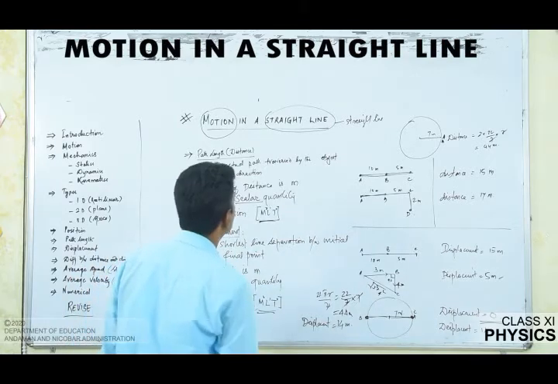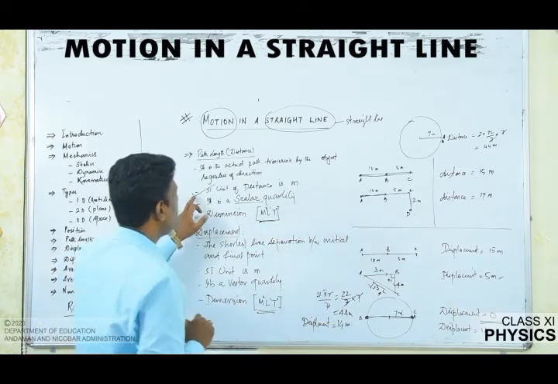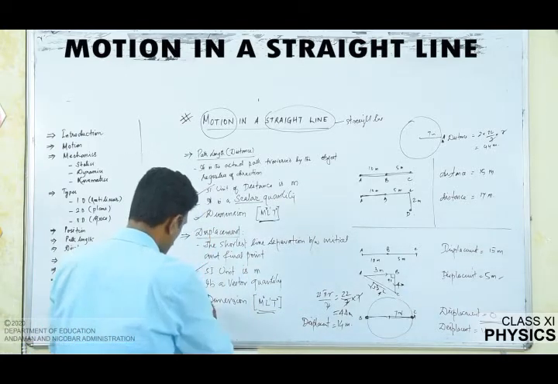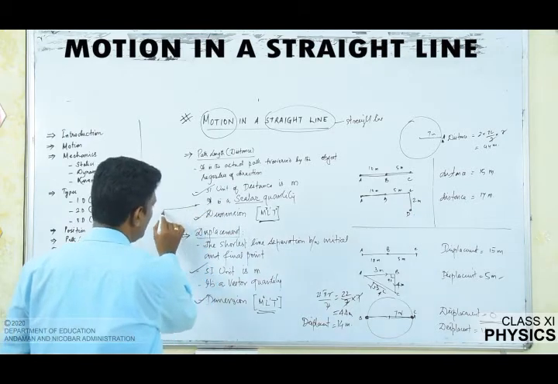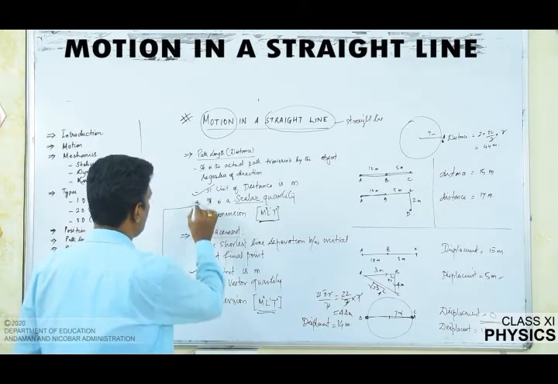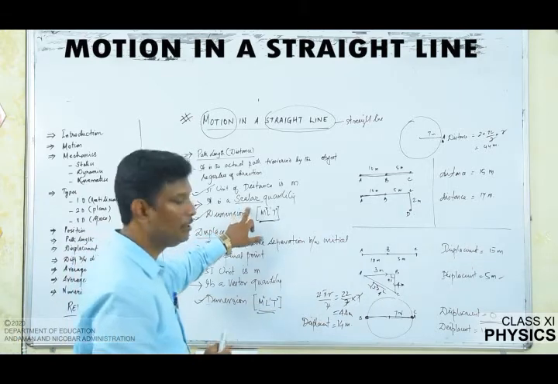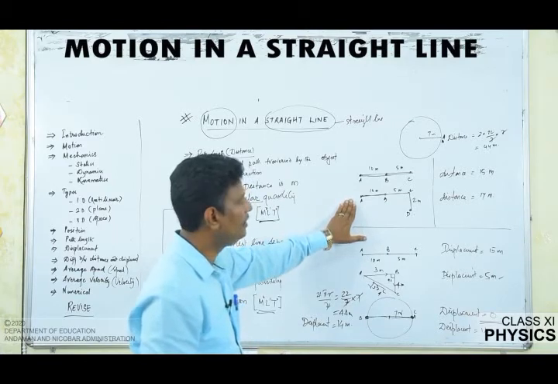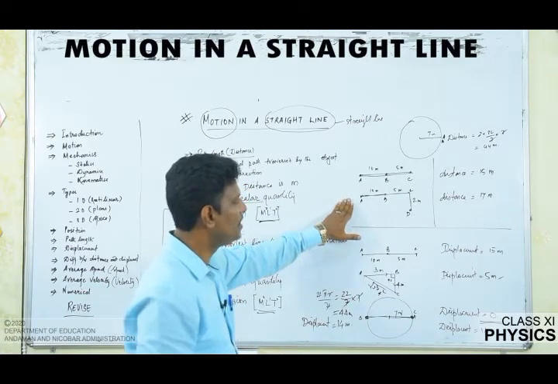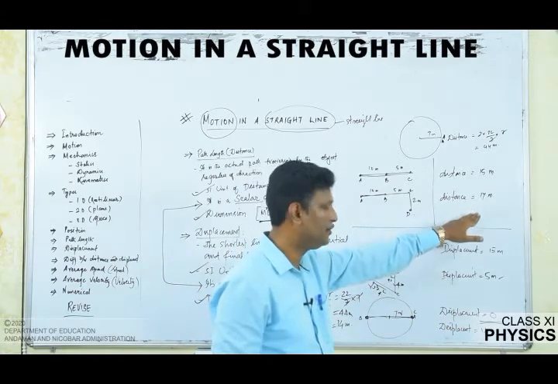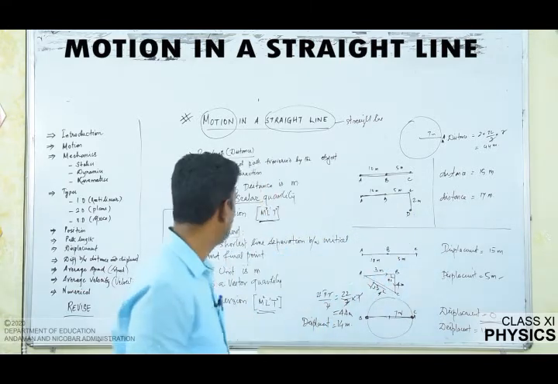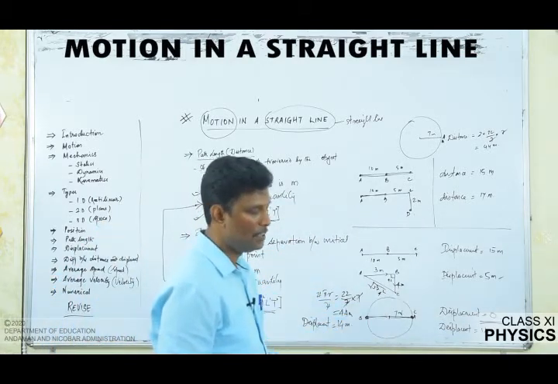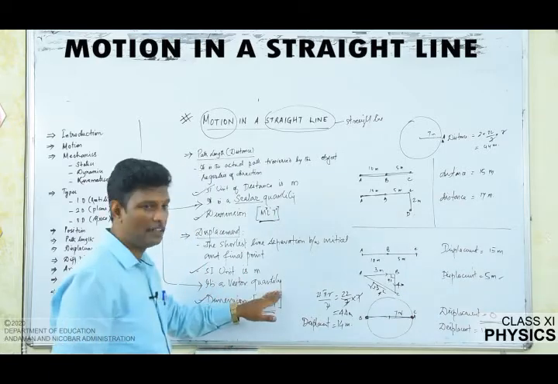Where it is changing: distance is a scalar quantity and displacement is a vector quantity. Since distance depends on the magnitude only, we have just seen that it is not changing the magnitude due to the change in the direction. But in the case of displacement, if we change the direction, the displacement changes. So, we can say it is a vector quantity.